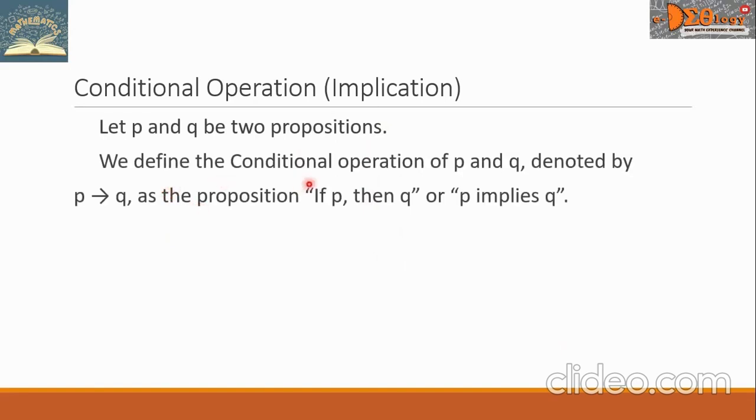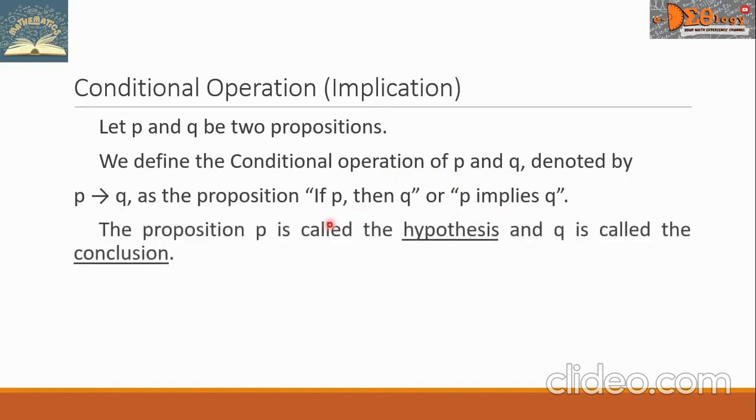We define the conditional operation of P and Q, denoted by P arrow Q, which we read as P implies Q, as the proposition if P then Q, or P implies Q. The proposition P is called the hypothesis, and Q is called the conclusion.